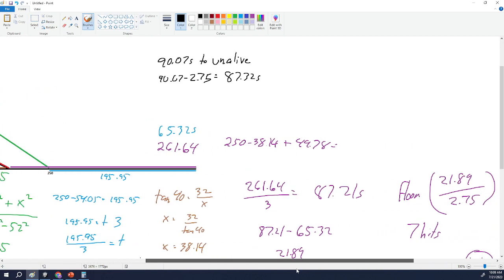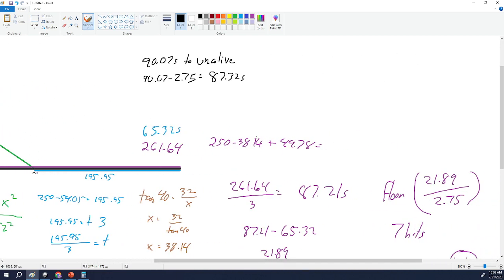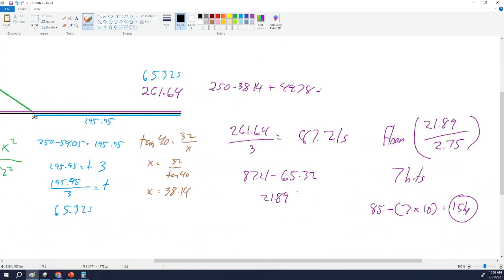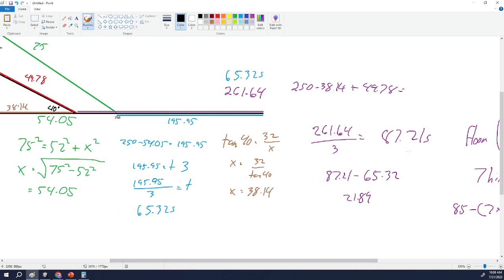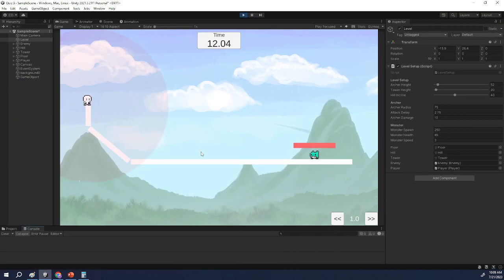So yeah, while it's doing that, I'm trying to look for 87.21. Okay, we're skipping. It's going faster, it's going faster.